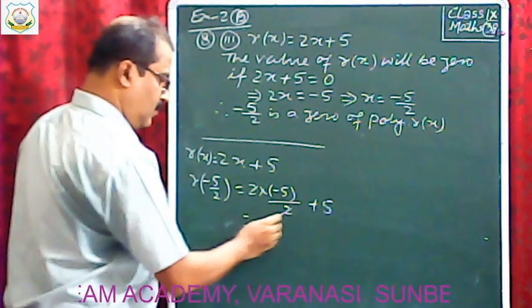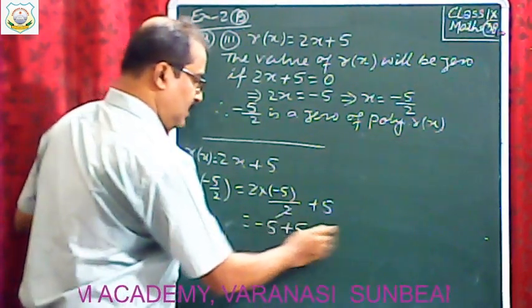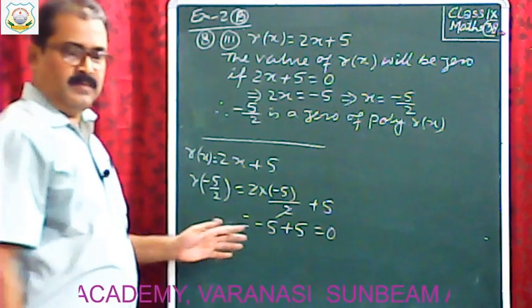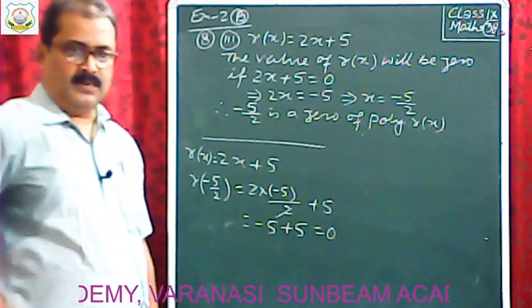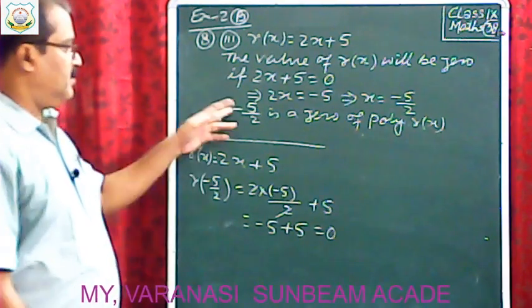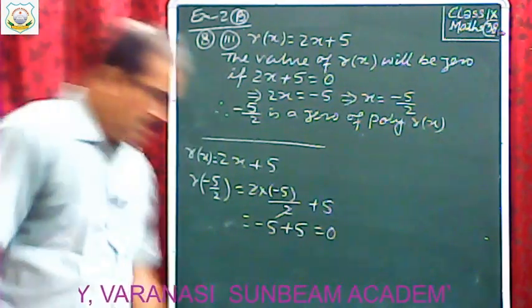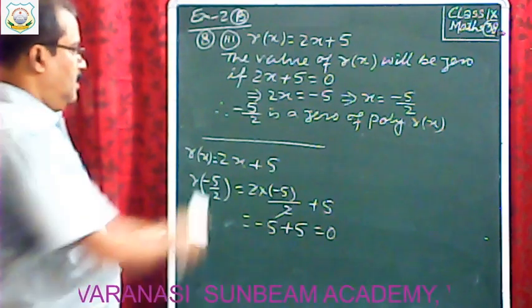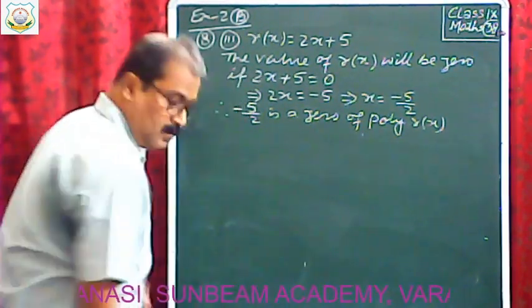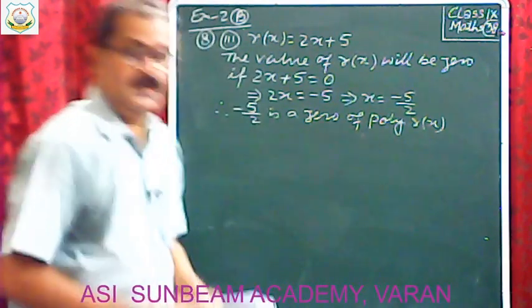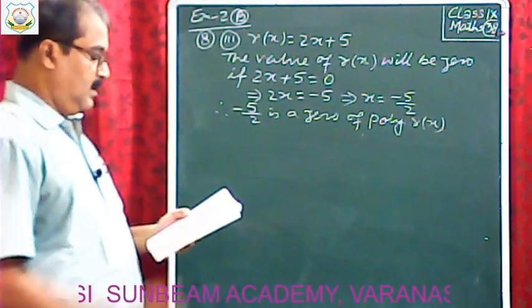The 2 cancels, giving minus 5 plus 5. Finally we get 0. In this way you check that the value of the polynomial is 0 after putting that value of x. Clear? So in this way we find the value of the variable, the zero of the given polynomial.